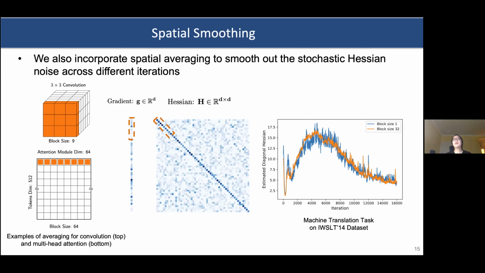So basically, instead of computing the diagonal of your Hessian very precisely and accurately, we only do it very coarsely, one iteration per update. As you can see, it will introduce some noise. So how can we reduce noise? Of course, the moving average can help you reduce noise. Another thing we can do is the spatial averaging.